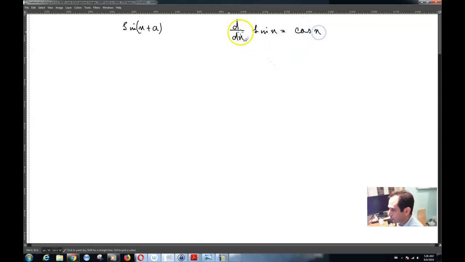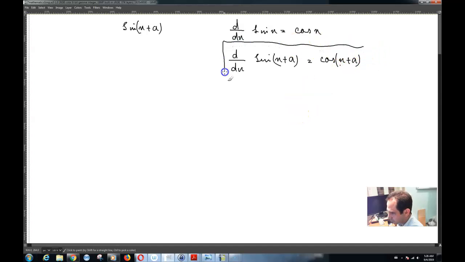Now, if you take d by dx of sine of (x plus a), you will get cos of (x plus a). But I'm not really sure about this, but we can see what happens.